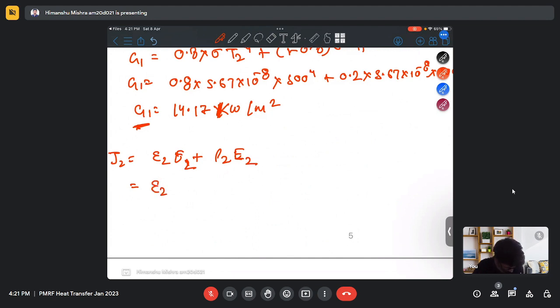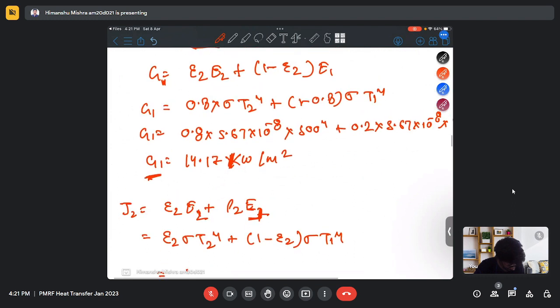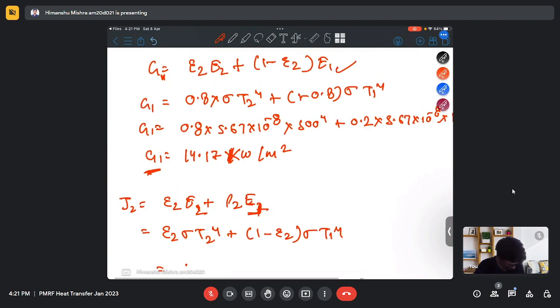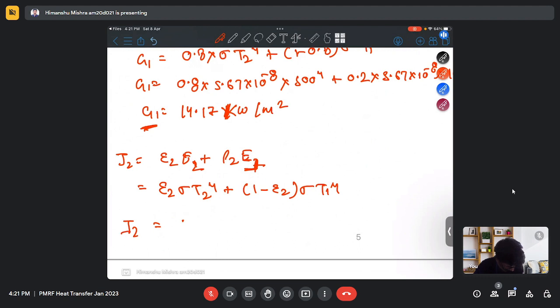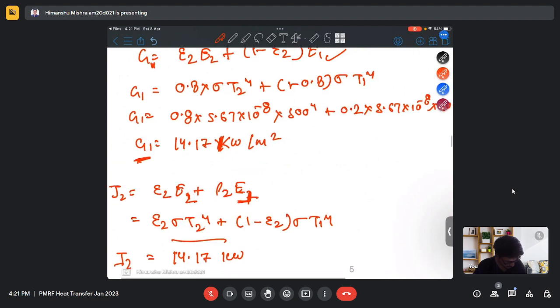And this E2, here it should be E1 because the reflection is coming from surface 1 here. So it is the same equation as this. So my radiosity will be equal to 14.17 kilowatt. So it's the same equation as irradiation at surface 1.